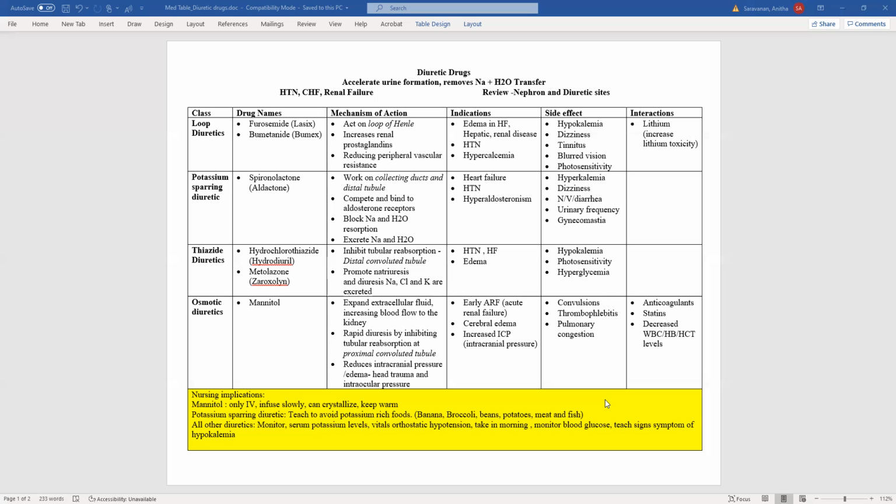Let's say a patient has osteoporosis or other unknown idiopathic reasons that they cannot keep the calcium, then these drugs could be good because it keeps the calcium. Hypercalcemia can be caused, and hypokalemia is the other side effect. Photosensitivity, not as common, but some patients do have hyperglycemia, increased sugar levels, but again, not very common.